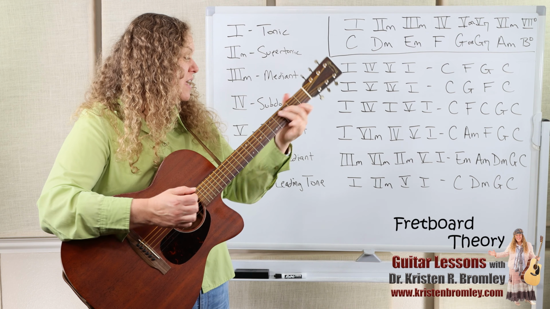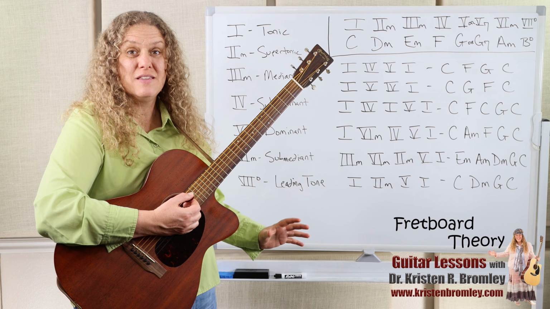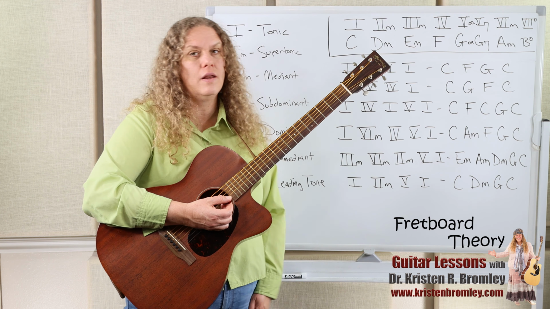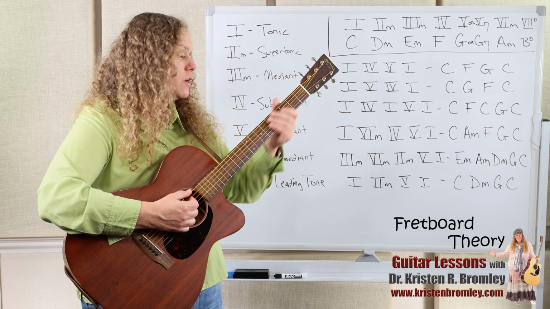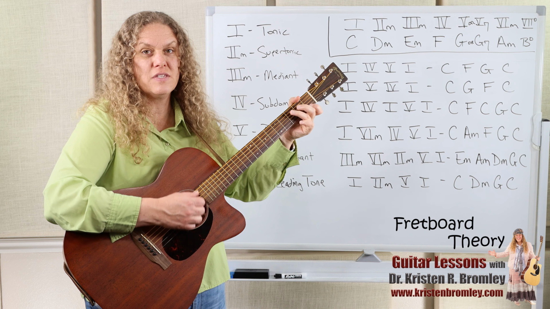Just like that. Now another one down here, and this is something that happens a lot in jazz, for example, and show tunes and those kinds of things, is a 2-5-1 movement. So we're going to go from that 1 chord to the 2, to the 5, to the 1.